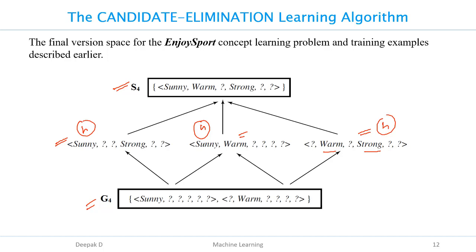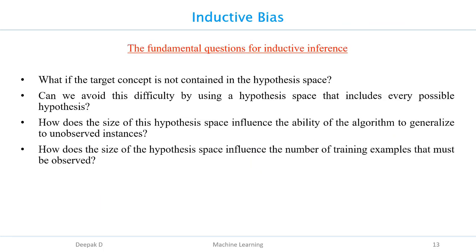Let's see the inductive bias now. The candidate elimination algorithm will converge towards the true target concept, provided it is given accurate training examples and its initial hypothesis space contains the target concept. Thus there are some fundamental questions for inductive inference that need to be addressed. The first question is, what if the target concept is not contained in the hypothesis space?